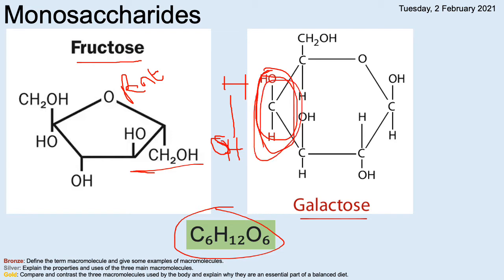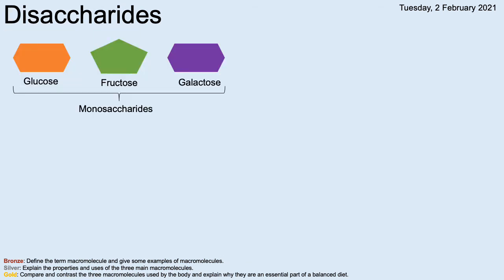But you won't need to remember that much now, because it is a little bit of AS content, so don't worry too much about it. You just need to be aware that glucose is not the only monosaccharide that there is. You will need to know a little bit about disaccharides, which we'll go on to next.